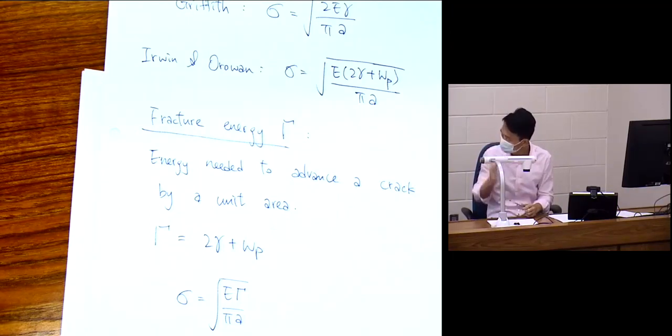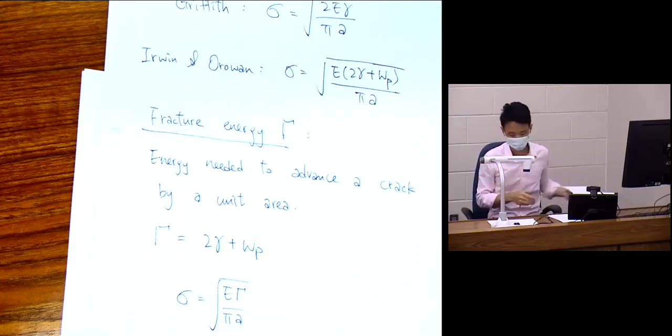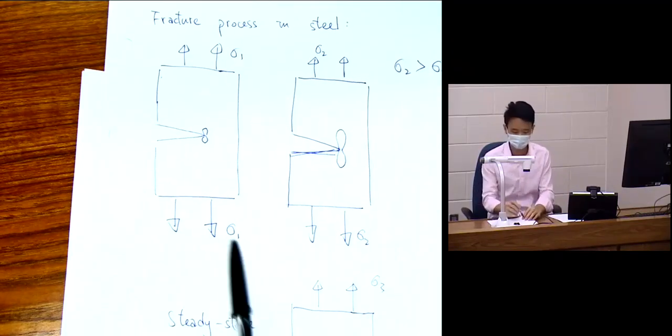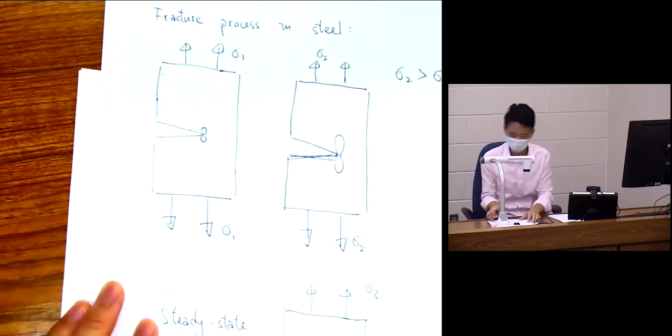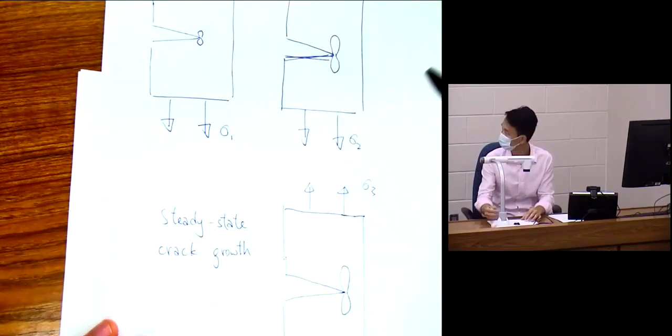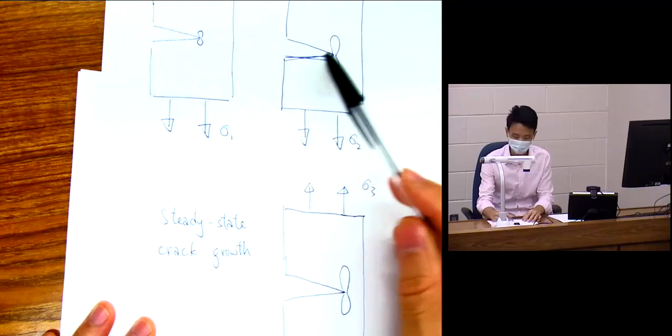So fracture energy, we'll define it as the amount of energy per unit area needed, sorry, the energy required to advance a crack by a unit area. Okay, so you start with some pre-existing crack, something like here. This is the picture we drew last time as well. So we have a crack here.